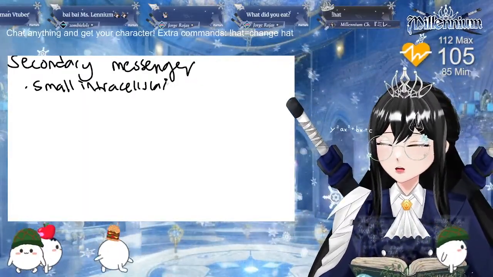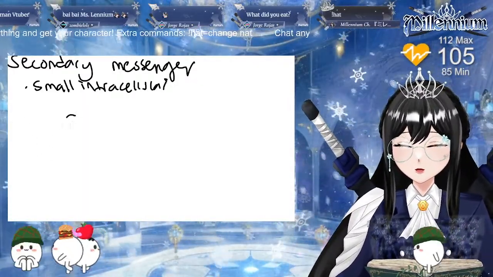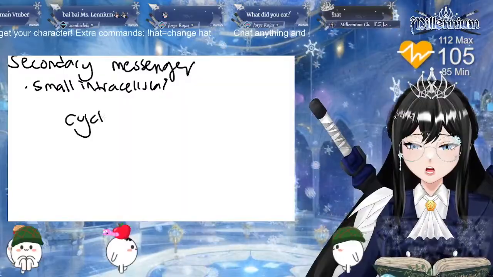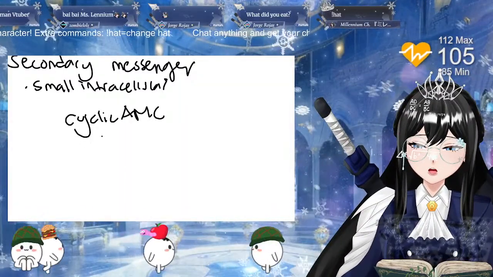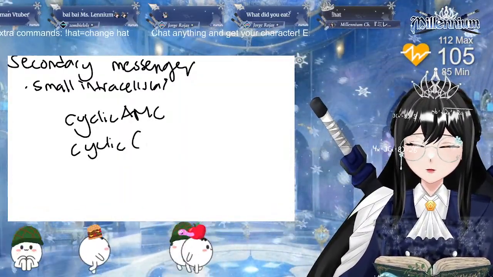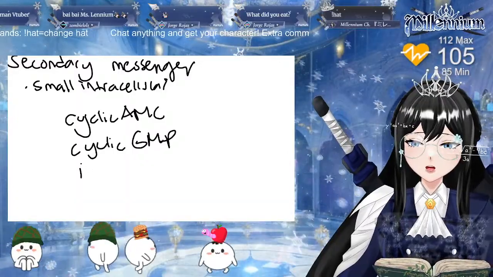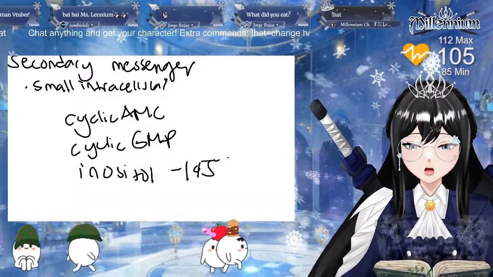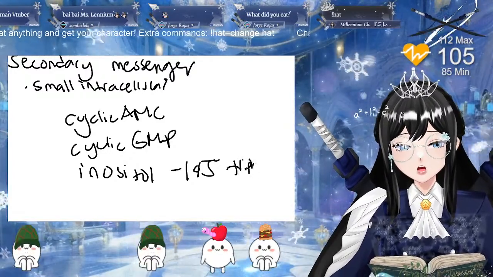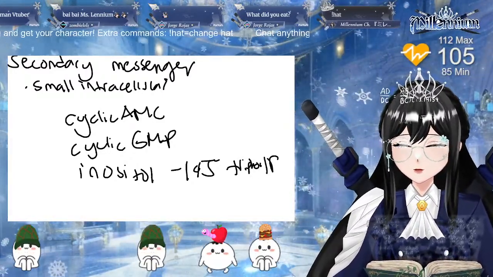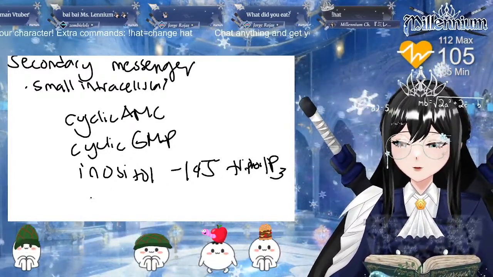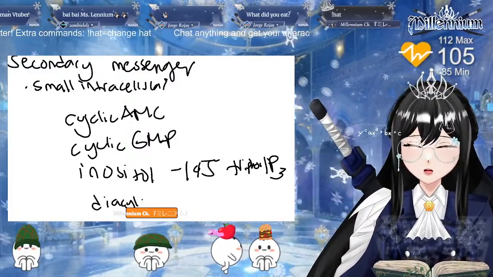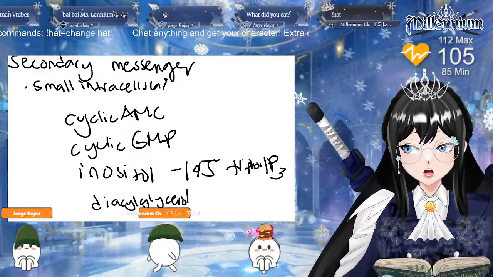So the biggest examples would be cAMP, cyclic AMP, cyclic GMP, and inositol 1,4,5-triphosphate. Guess who that is? That is the IP3. And then you have your diacylglycerol, the DAG.